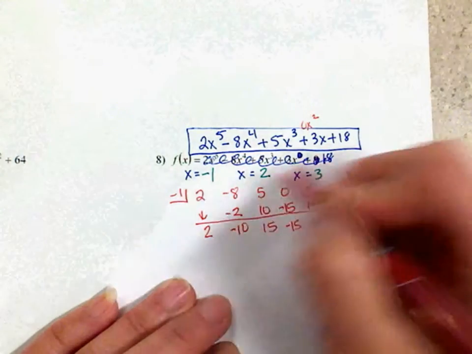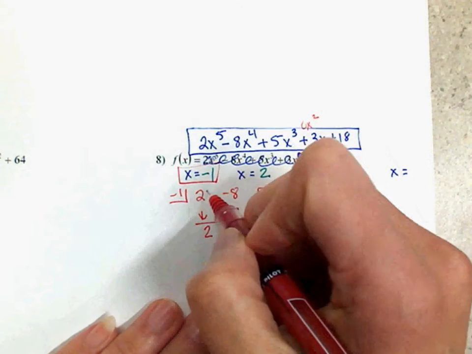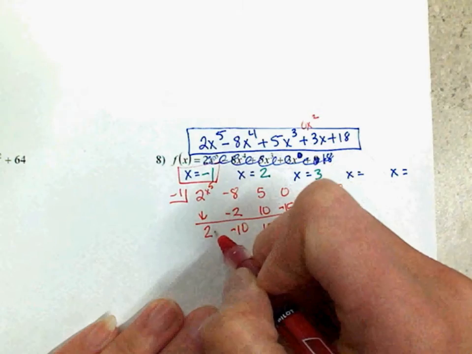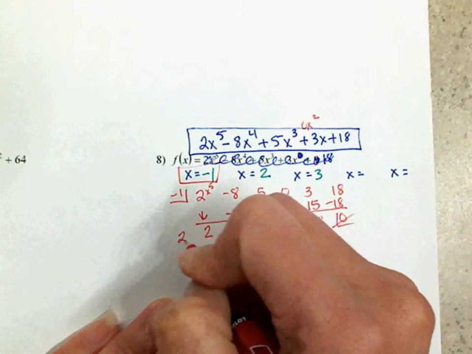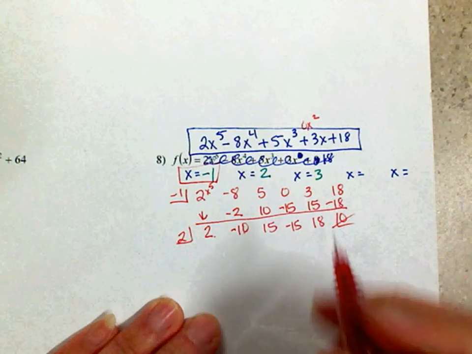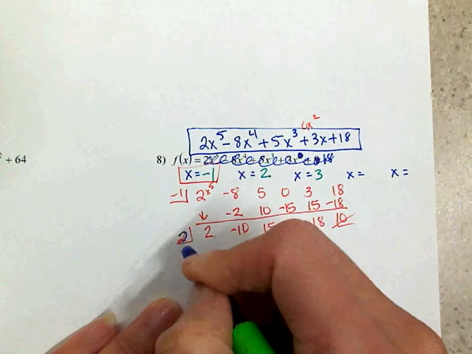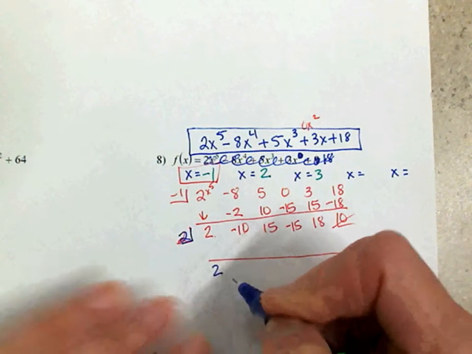Okay? Since it's the 5th, and I start off with x to the 5th, and this is x to the 4th, I'm going to use another synthetic division, because I have 1, 2, 3, 4, 5 terms, so I can't group them. So I'm going to continue on, and I'm going to use 2. Bring down your 2, so synthetic division again, so that worked. 2 times 2 is 4, add.